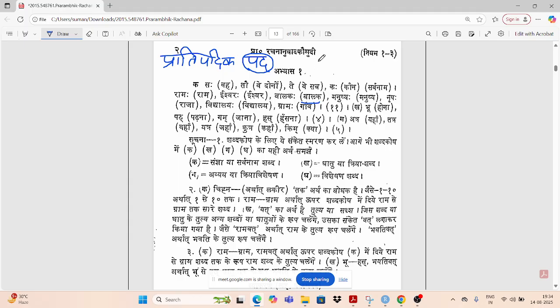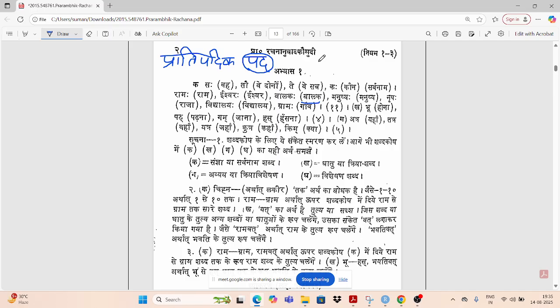Balaka. So what is Balaka? Balaka is a child, a male child. Now, Balaka is the Pratipadika. And when I say Balakaha, Balakau, anything like that, that becomes a pada.